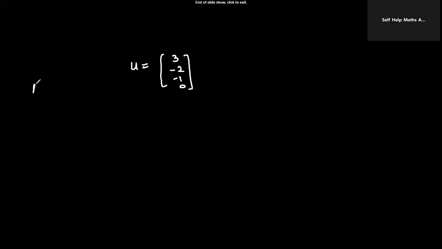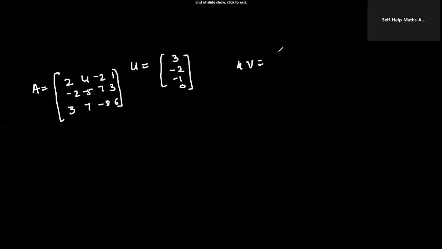Let me write my A also, because if you miss it: rows (2, 4, -2, 1), (-2, -5, 7, 3), and (3, 7, -8, 6). So this is our matrix A, and let v be (3, 1, 3, -1, 3).